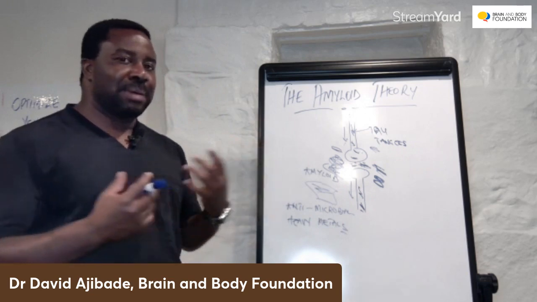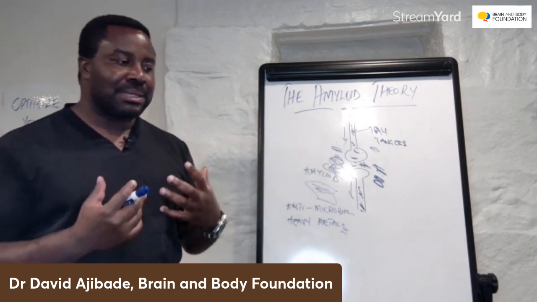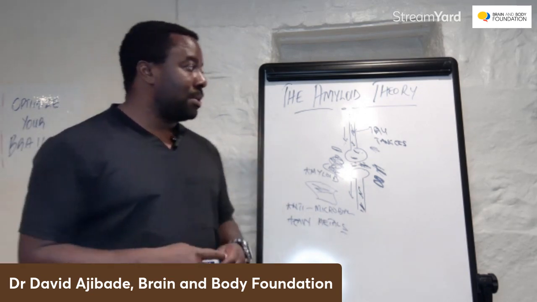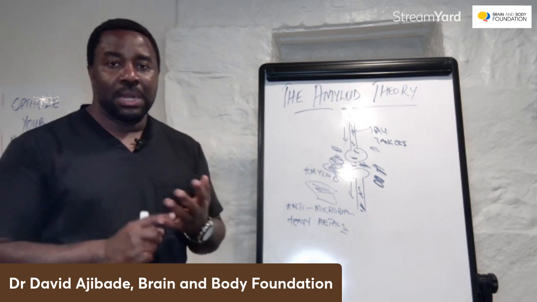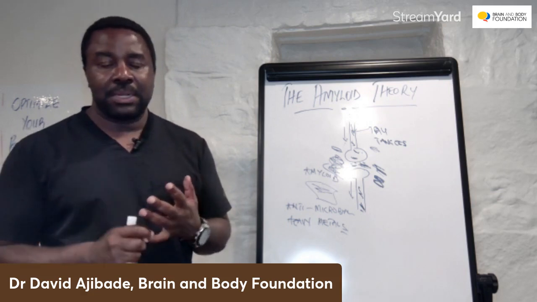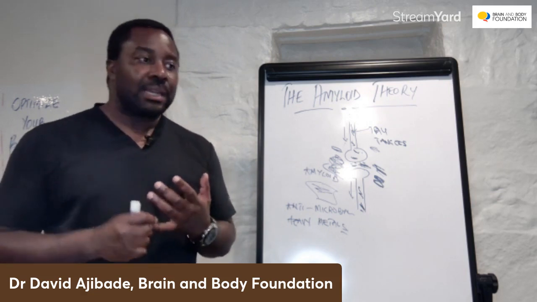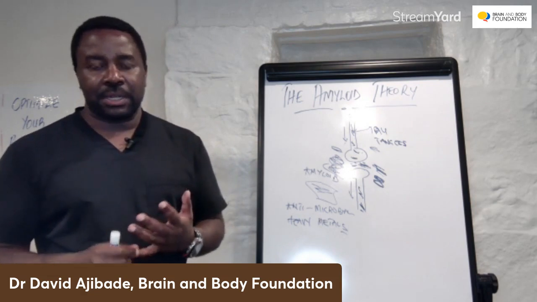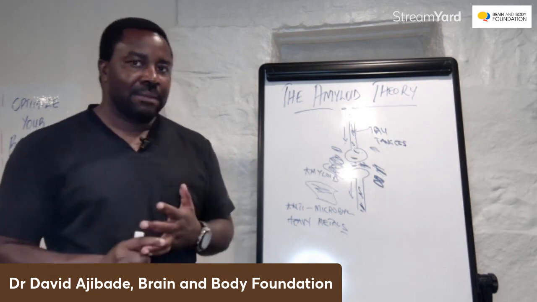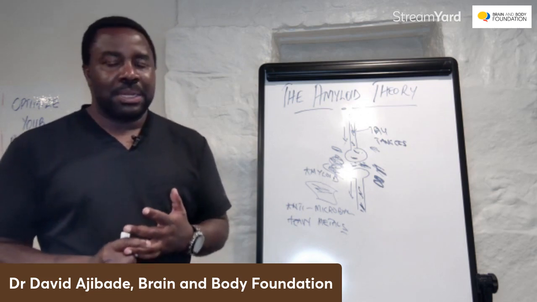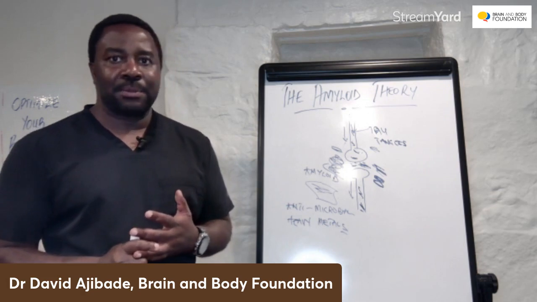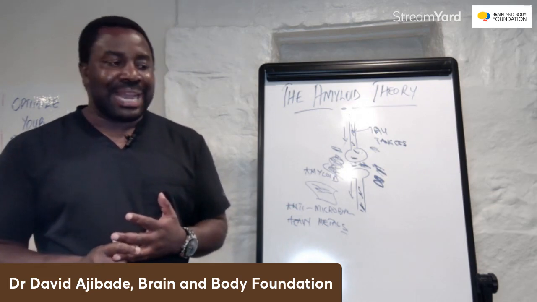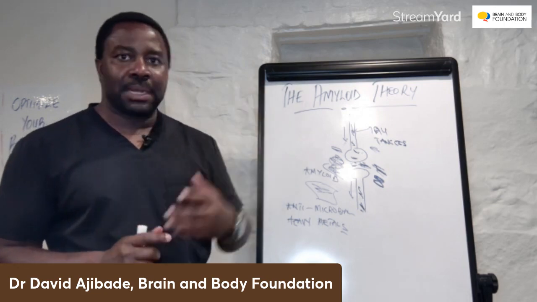So we need to take it a few steps back and really see what's happening. What we now know is that there are about 3 or 4 main things that happen. One is nutrient deficiencies. The brain is not getting enough of the nutrients, including the oxygen that it needs to function. Number 2 is high levels of toxicity, the brain being exposed to all kinds of things, from toxins in the food, the atmosphere and plants, to electromagnetic frequencies.